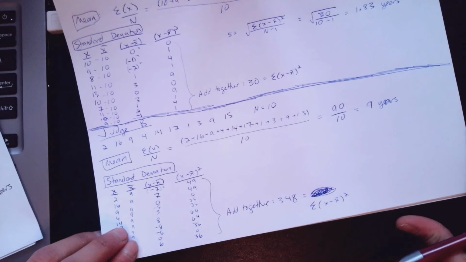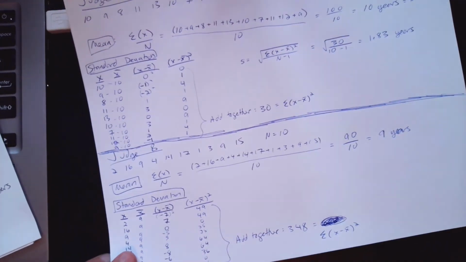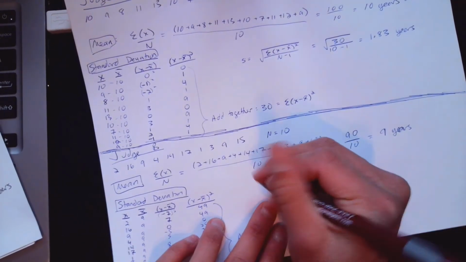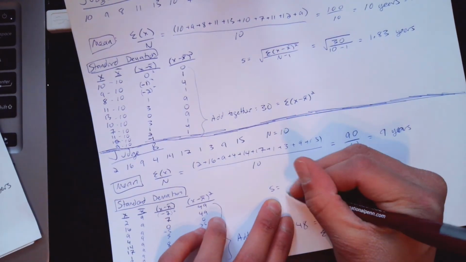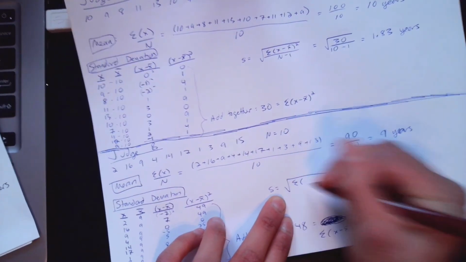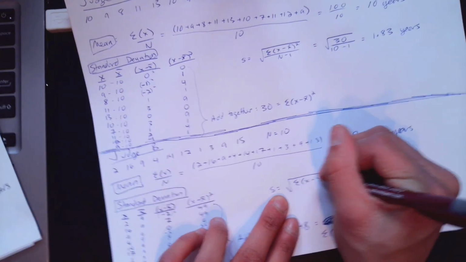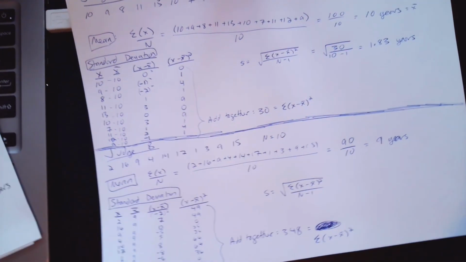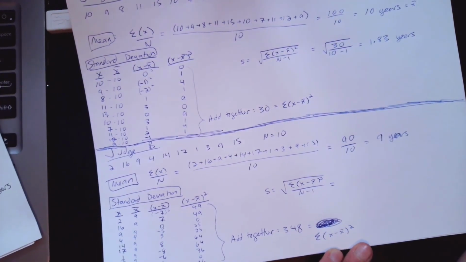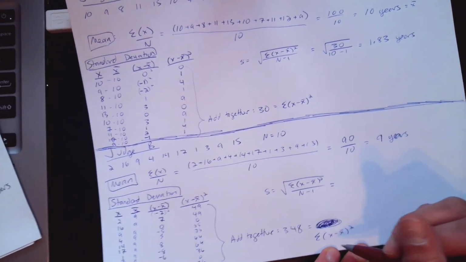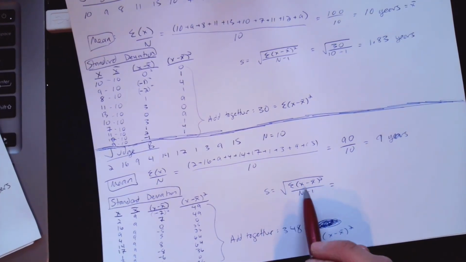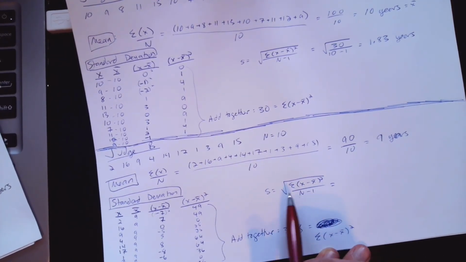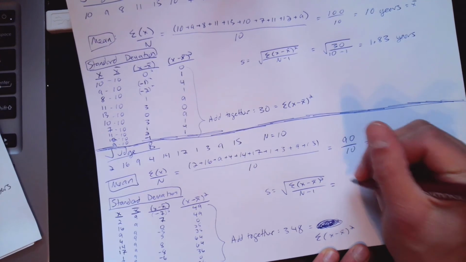So now we're going to start plugging stuff into our standard deviation equation. So our standard deviation equation looks like this. You've got your sum of x minus x bar squared over n minus 1. And we're going to plug in 348 for this here, so our sum of squared deviations.